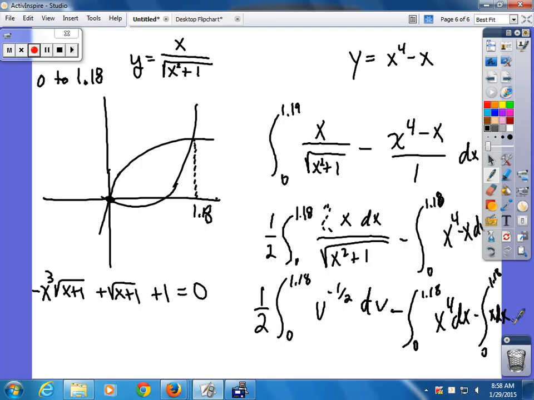And change that 1.18, what does it change into? You go back and plug in x. You don't have to. You could just leave the 1.18 if you change it back.